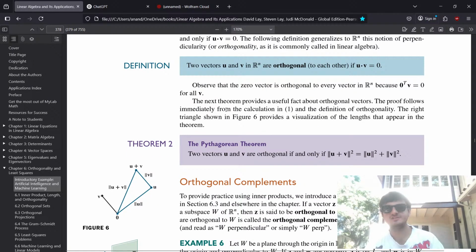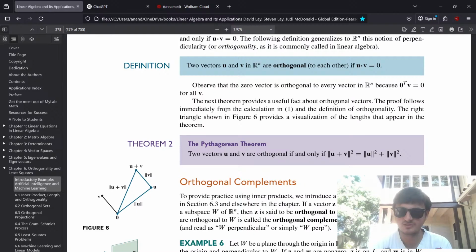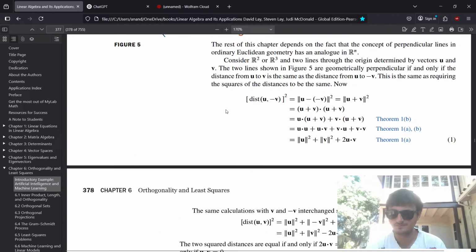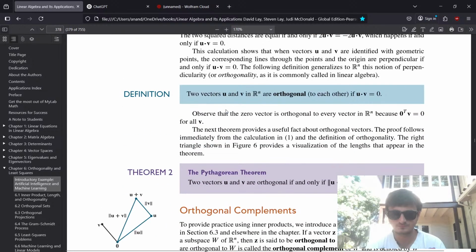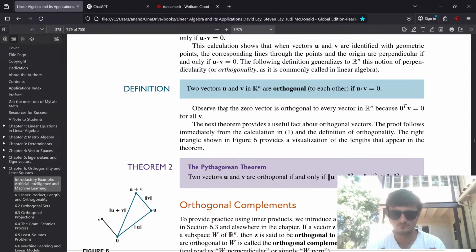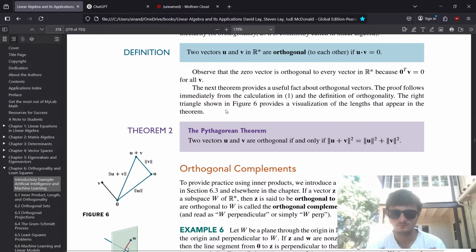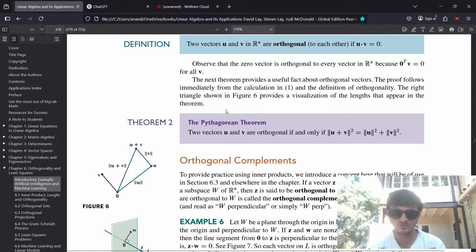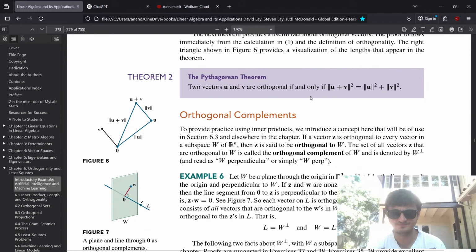The next theorem provides a useful fact about orthogonal vectors. The proof follows immediately from the calculation in 1, which was what? Okay. The right triangle shown in figure 6 provides a visualization of the lengths that appear in the theorem.